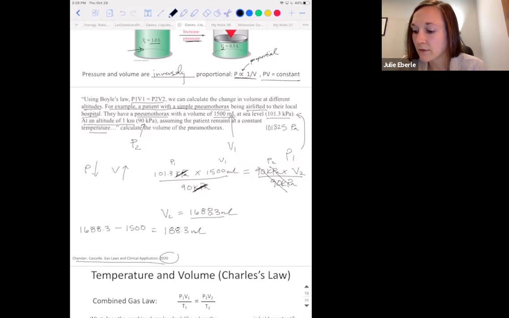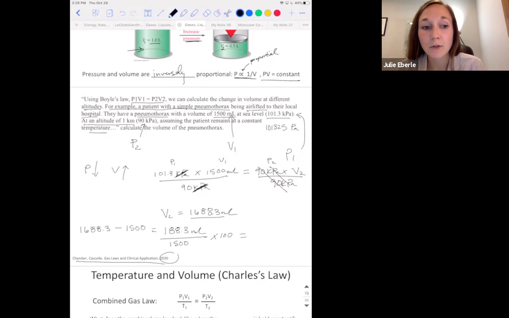We would say how much of our original volume is this 188.3. So you would divide 188.3 by 1,500, and then to turn it into percent, you multiply by 100.